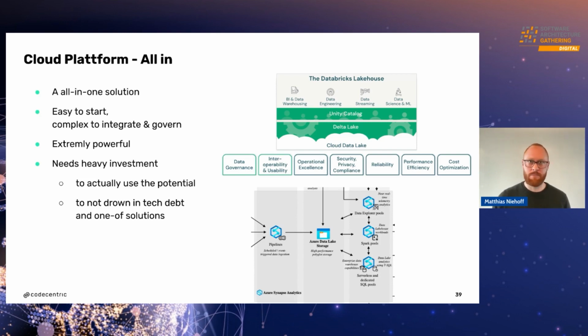You can just start with your notebooks, and the barrier is really low at the beginning, but it's extremely complex to integrate and to govern, to make sure it doesn't drown in tech debt and one-off solutions. It gets structured, and you really have to invest in it with people building this platform. You really need a capable platform team owning this platform and enabling the users to work on it in a structured and long-lasting way.